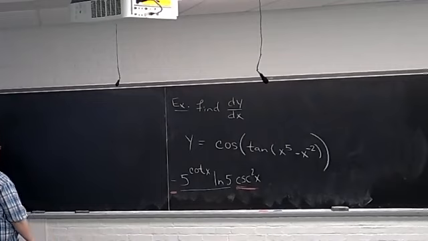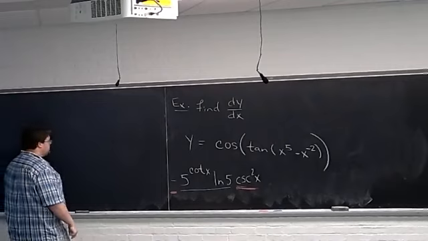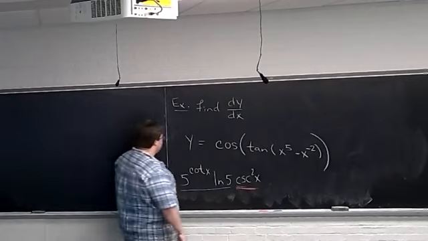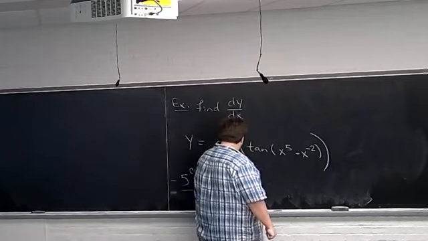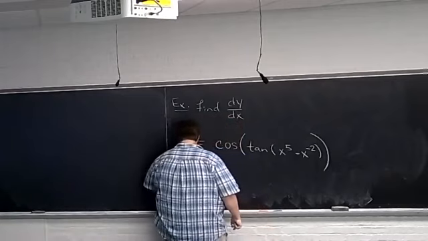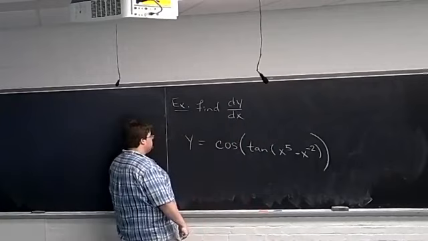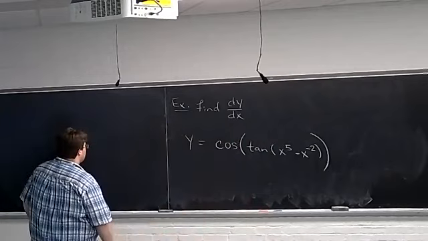So right here we have what you could call nested trig functions, cosine of tangent. But if we want the derivative, we can do that using the chain rule. And let's look at the details of that.